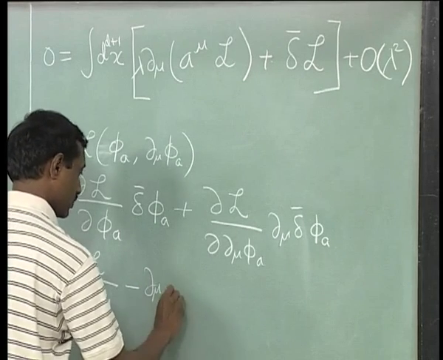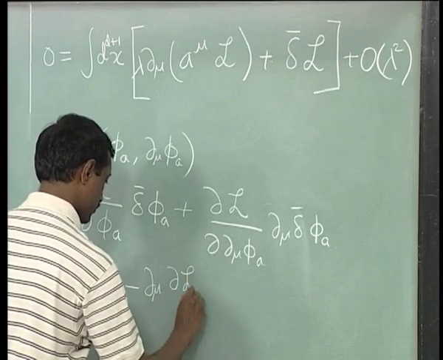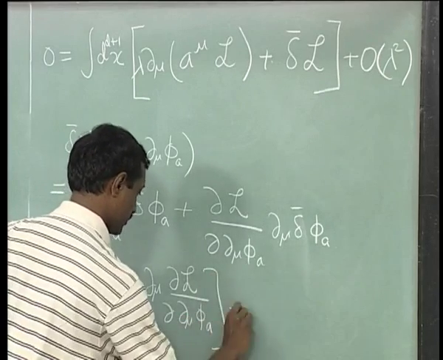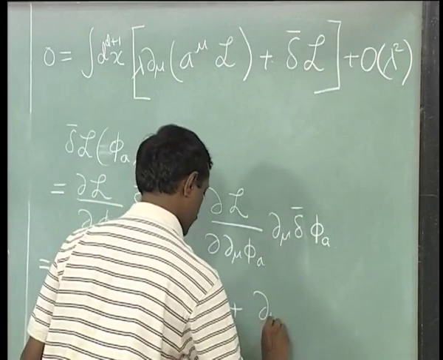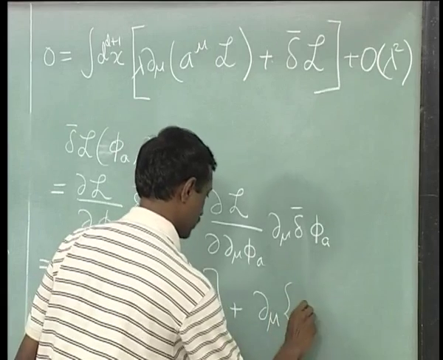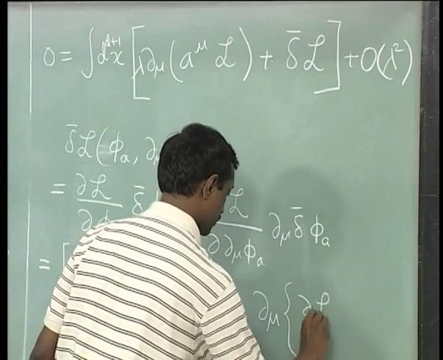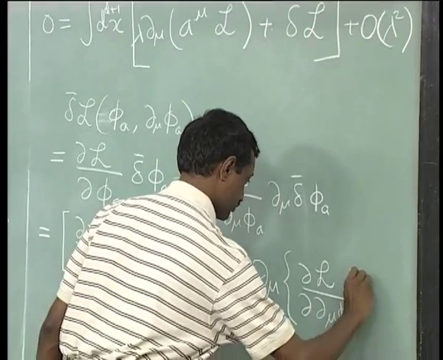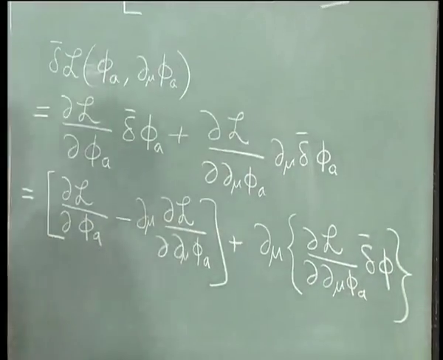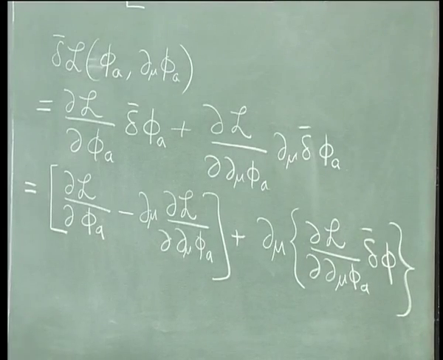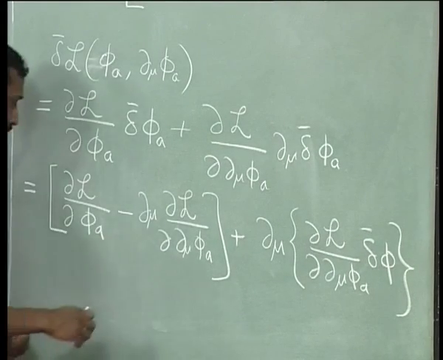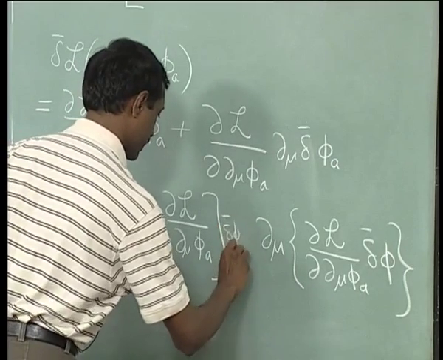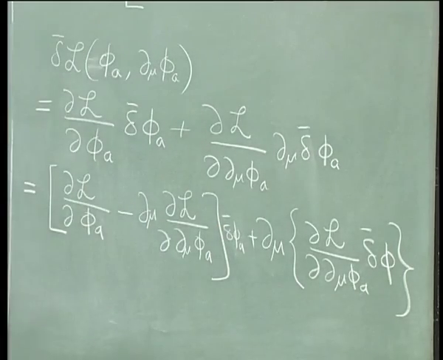I get, so I am writing it as a total derivative plus this object. I am missing something out here. I think it is delta bar of phi a plus this thing.